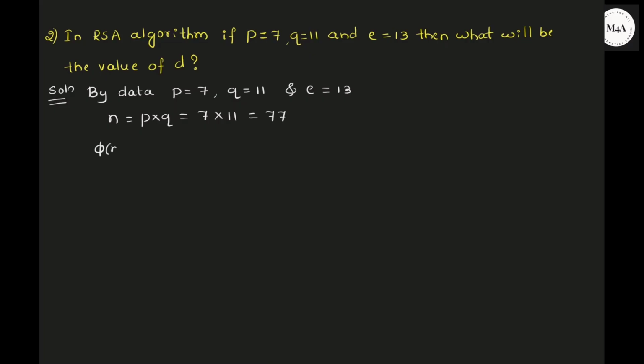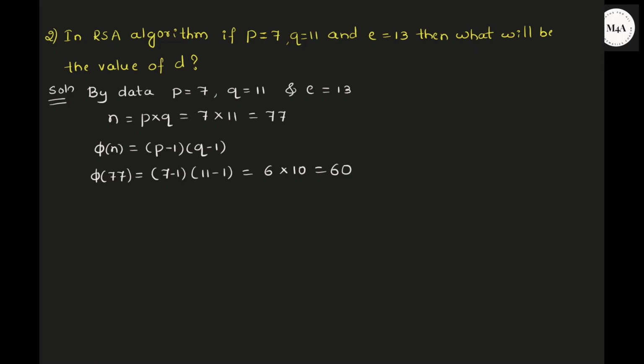Then phi of N is what? P minus 1 into Q minus 1. So phi of 77 is equal to 7 minus 1 into 11 minus 1. 7 minus 1 is 6, 11 minus 1 is 10. So it is 60.